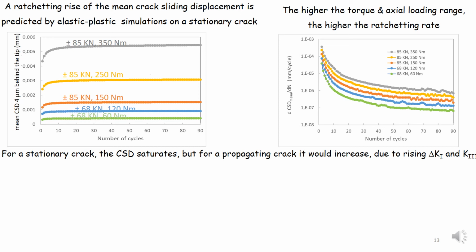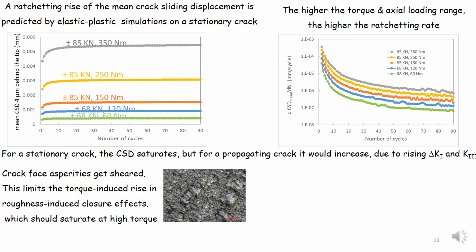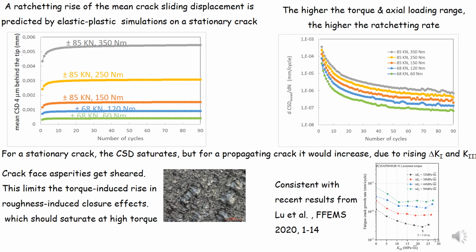In these simulations, we considered a smooth and frictionless crack, but in reality the crack faces are rough. But the crack face asperities get sheared, and this limits the torque-induced rise in roughness-induced crack closure effects, and these effects should thus saturate at high torque, which is perfectly consistent with recent results obtained by Liu and colleagues.